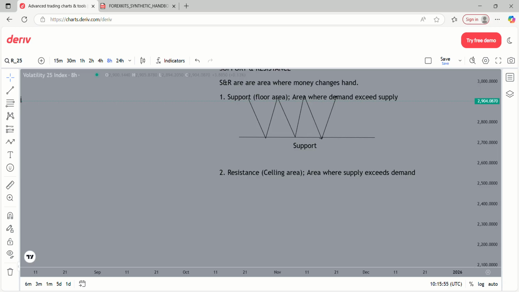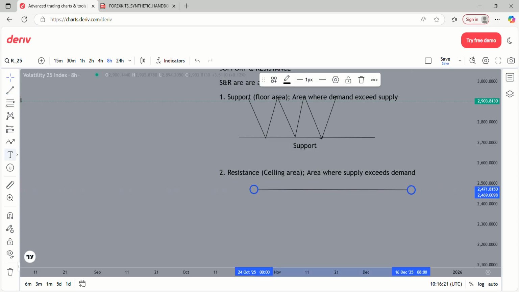That's very simple knowledge. You can write that down. When we're talking about support, we're talking about a lot of buyers but few sellers. When we're talking about resistance, a lot of sellers but few buyers. Right. So let me draw the resistance. It's just the complete opposite of the support.